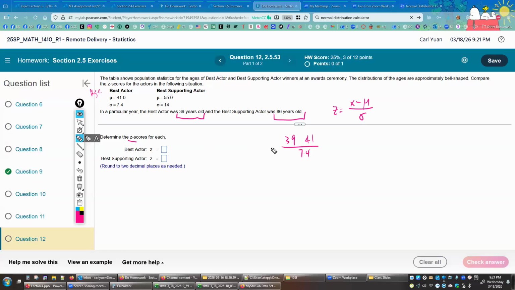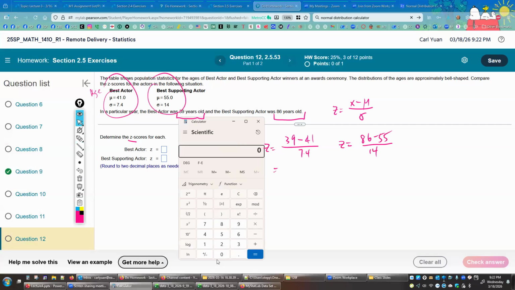So that's the z-score for the first one. The z-score for the second one is going to be 86 minus 55, divided by 14. Let's plug in the numbers and see what we get. For the first one, 39 minus 41 divided by 7.4 would be minus 0.27.